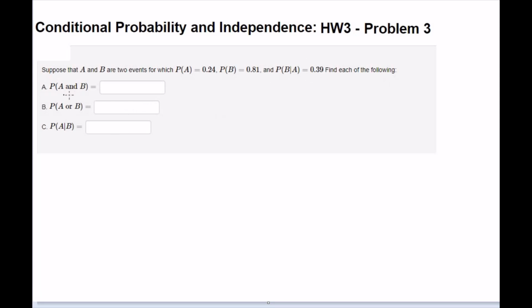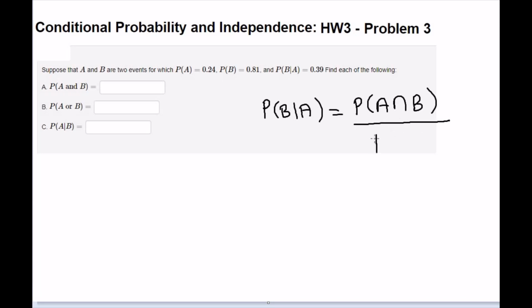We were asked to find A and B, so we will start from the definition of the conditional probability. Probability of B given A is their intersection, probability of A intersect B or B intersect A, same thing, over probability of A. Here we were given probability of B given A, which is 0.39, and that's what we're solving for, A intersect B, and probability of A is given 0.24.